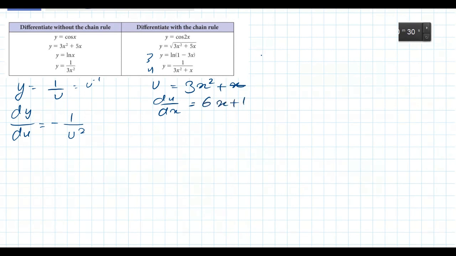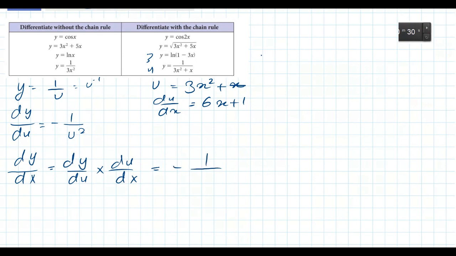Then we know that dy over dx equals dy over du by du over dx equals dy over du, the first part, which is negative 1 over u squared. And u in this scenario represented by 3x squared plus x. Then 3x squared plus x squared times the second part, which is du over dx, which is 6x plus 1.